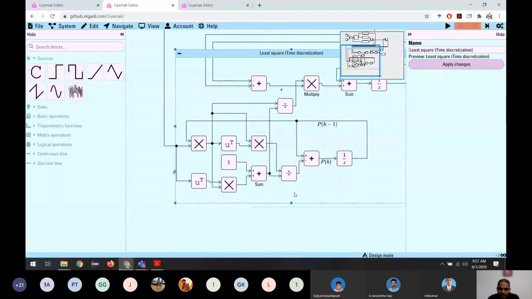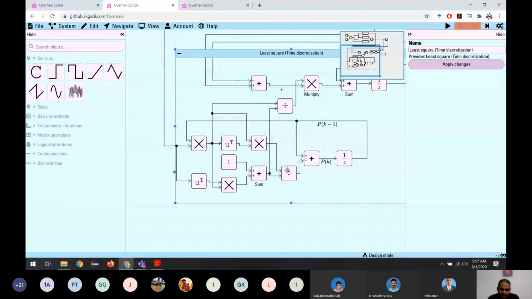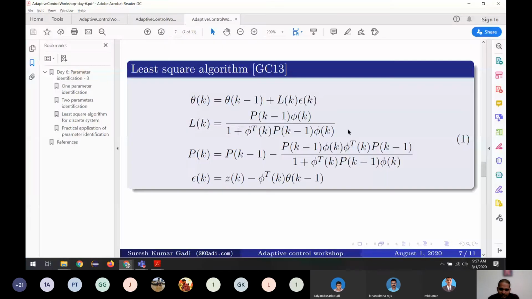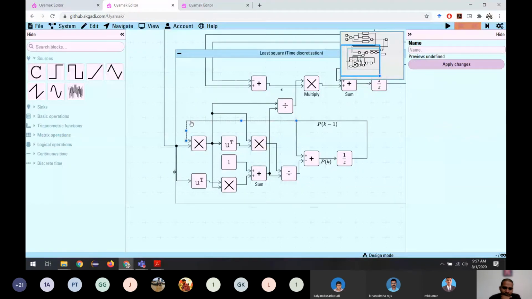So what we are missing is the numerator. So what is the numerator? It is p times phi. The numerator is a multiplication of two things. One is p times phi, where p is the previous value of p. So the previous value times phi is this value, right?